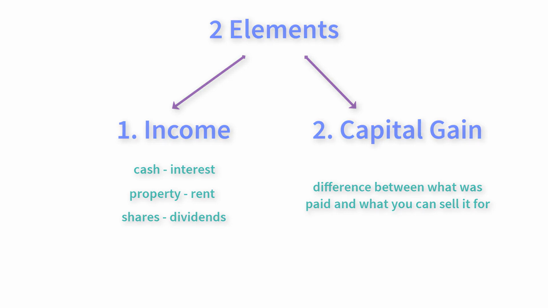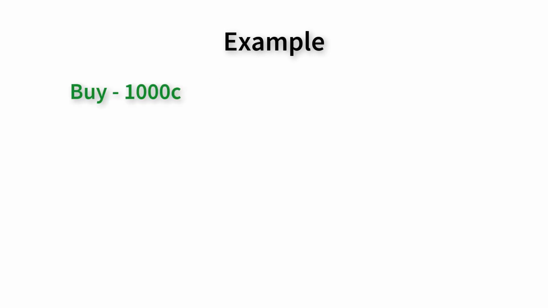The best way to explain return is with a simple example. Let us suppose that you buy some shares for 1,000 cents each, and then sell them 6 months later for 1,100 cents per share, after your dealing costs. Then you will have made a capital gain of 100 cents per share.